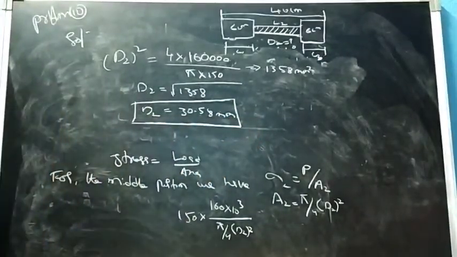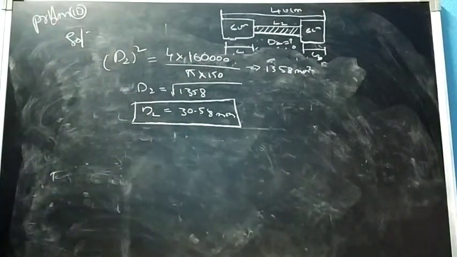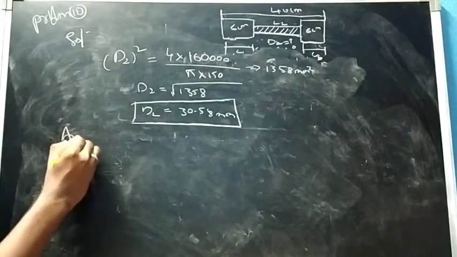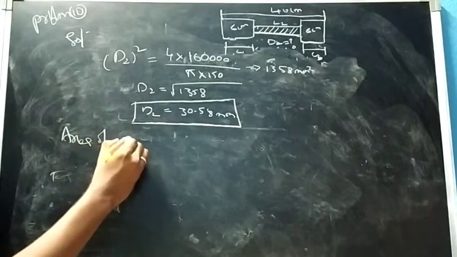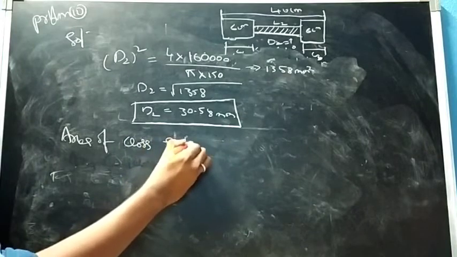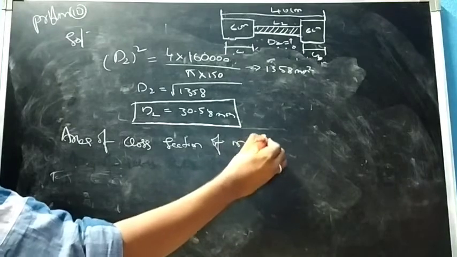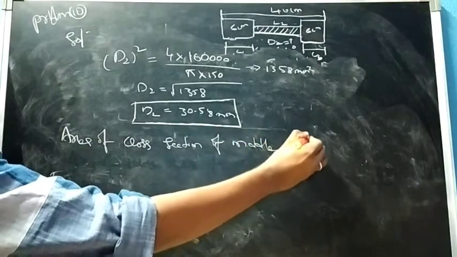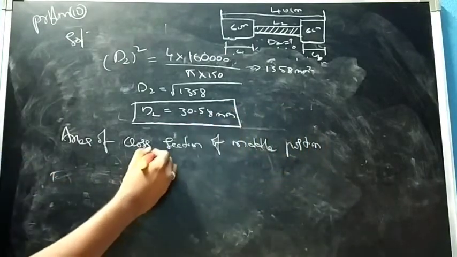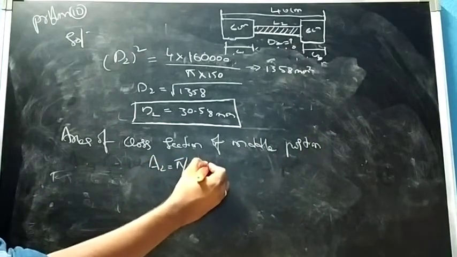Now we'll find out the area of the cross section of the middle portion. Okay, so A2 will be pi by 4 d square, right?